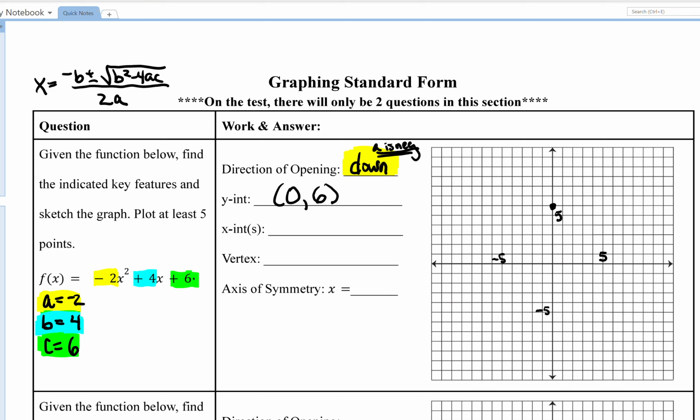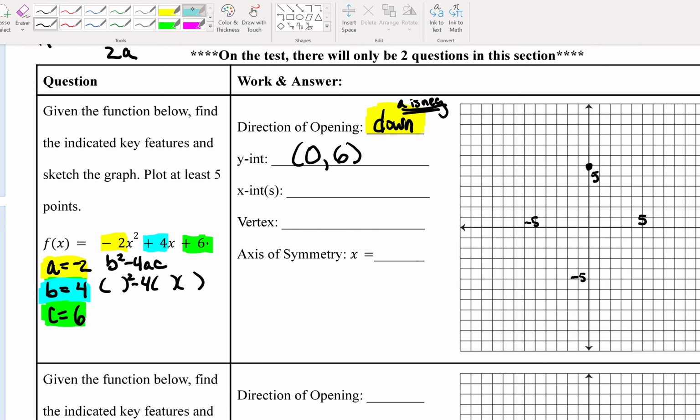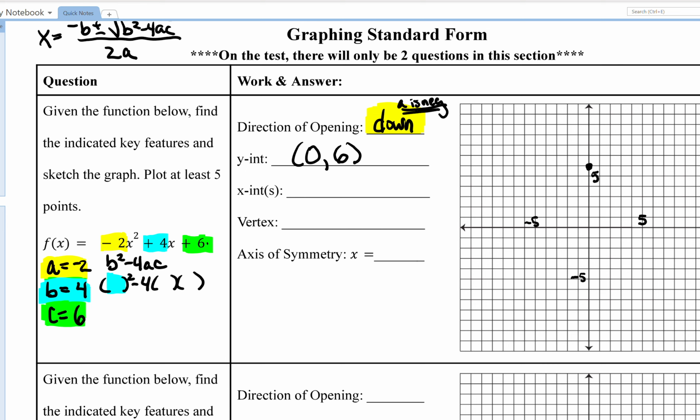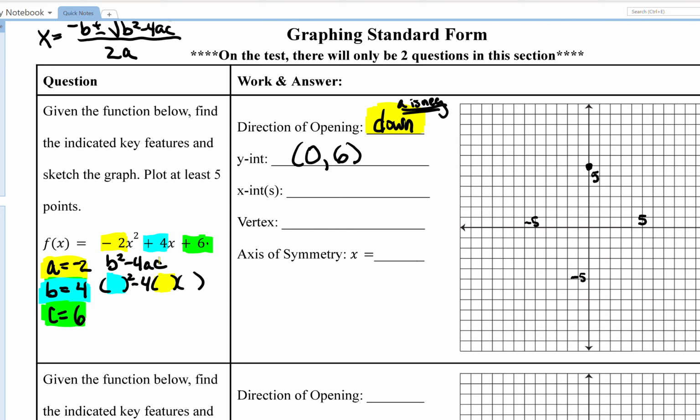For the x-intercepts, I'm going to use the quadratic formula. First I'm going to use my discriminant, b squared minus 4ac. That's b squared minus 4 times a times c. My b is right here, my a is right there, and my c is right there.